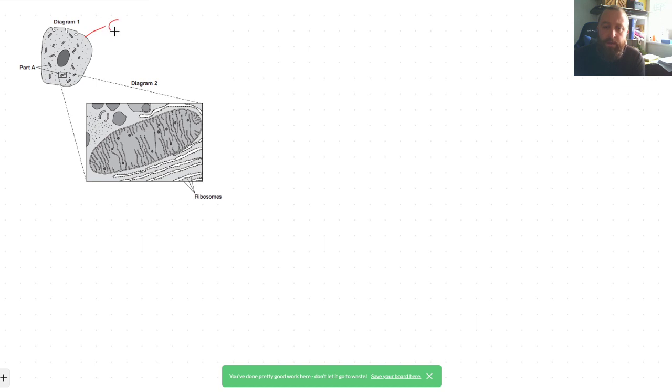We've got our cell membrane. Remember, the function of these is as important as the actual name itself. So we need to make sure we can talk about what the structure of these are. So cell membrane keeps everything in the cell and, more importantly, controls what's going into and out of that cell. We should have our cytoplasm.